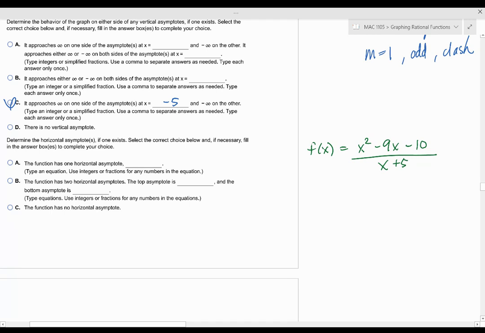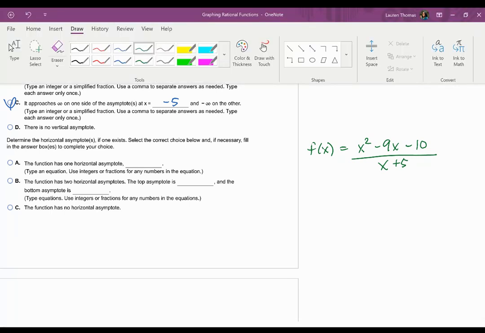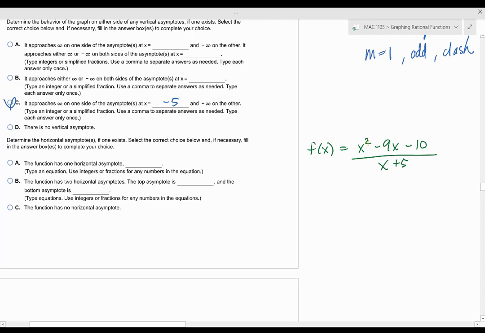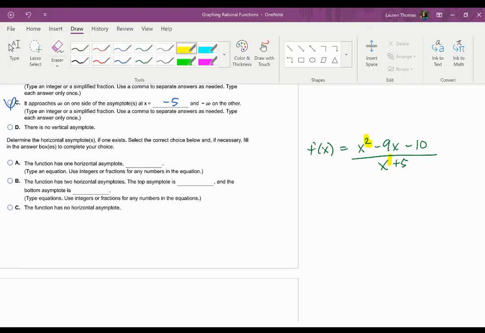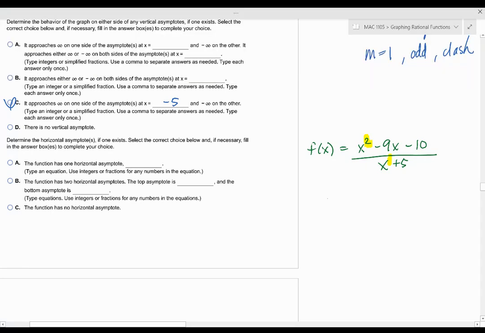So we're looking at the degrees. The degree in the numerator is 2, and the degree in the denominator is 1. You don't see an exponent there, so it's understood to be 1. So the larger degree is in the numerator. Since the larger degree is in the numerator, we're not going to have a horizontal asymptote at all.